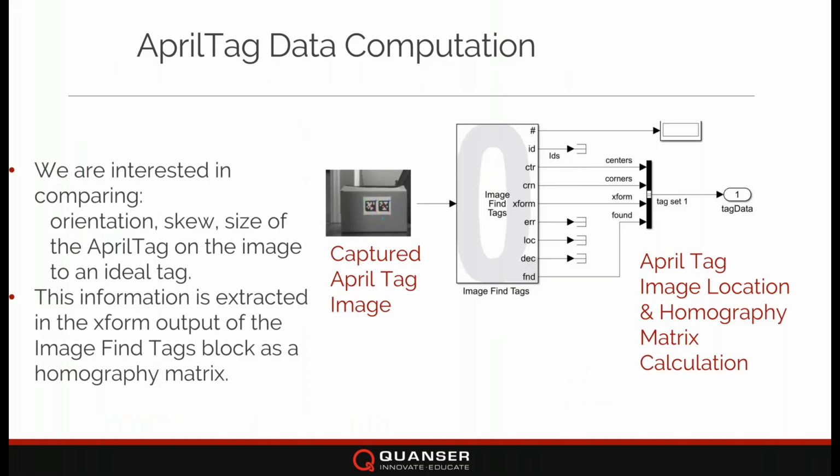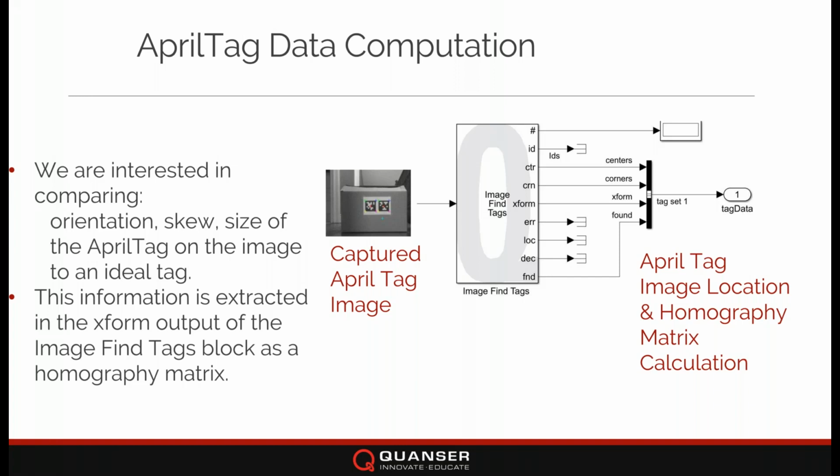Within our Simulink model, we've got a block called image find tags. The main idea is this block allows us to compare an ideal AprilTag, which hasn't been distorted or skewed, with the image that we're getting. The rotational and skew information of my AprilTag is captured in something called an X form, which defines a homography matrix.